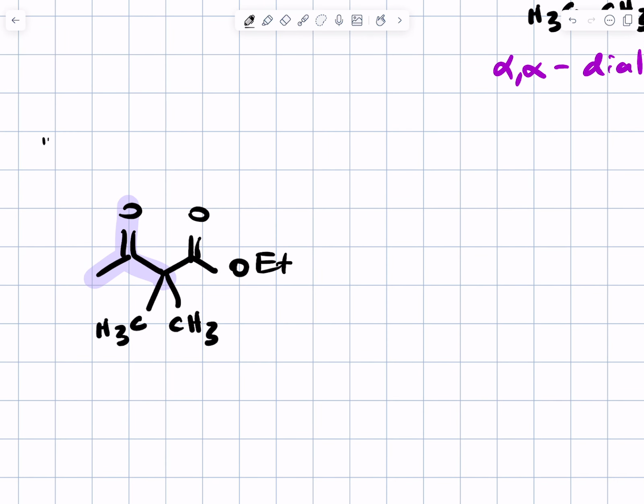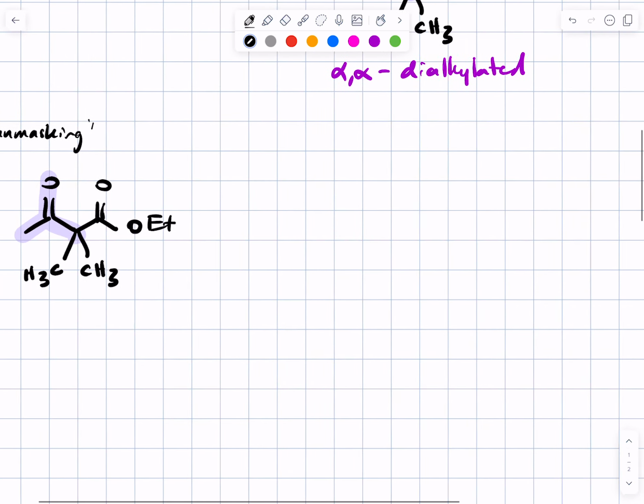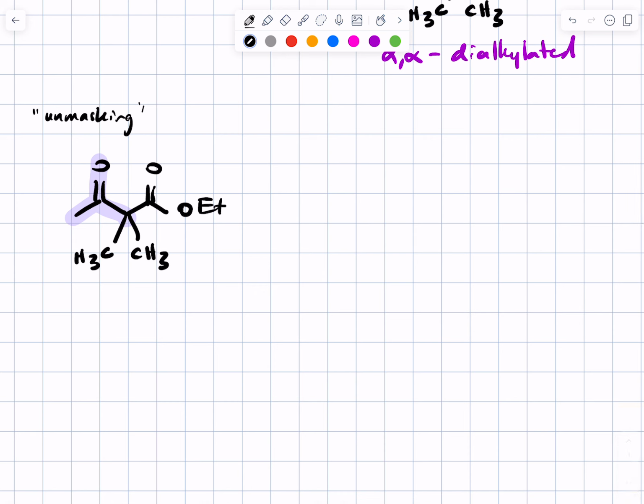So we'll call this the unmasking process. So unmasking proceeds in a couple of phases. One reaction, you need acid and aqueous conditions. H3O plus just means aqueous acid.